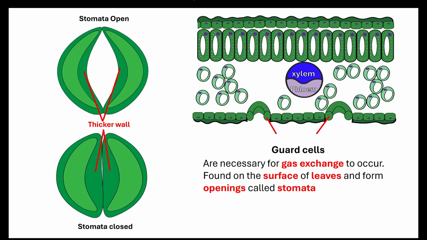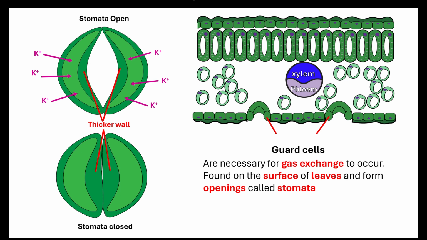So going back to your biological membrane, thinking about the transport across the membrane, it's important that you note that if we want to open the stomata, the potassium ions are pumped in to the guard cells.